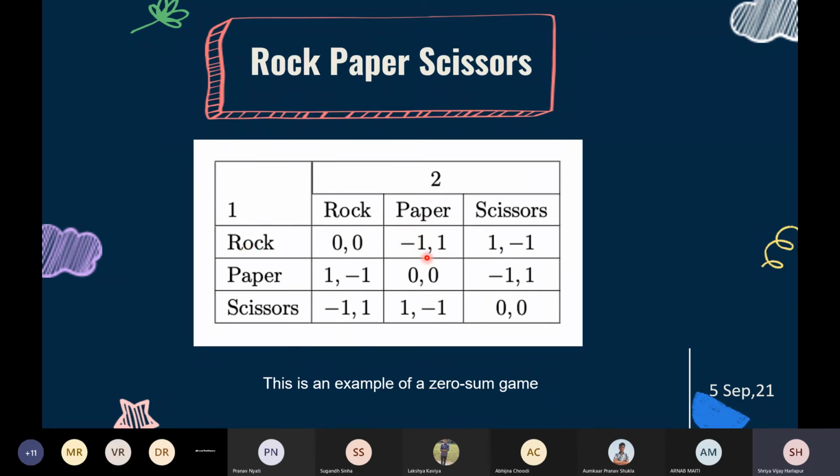I get -1 docked off my points or whatever, and you get +1 points. You can look at it that way. And if I play rock and you play scissors, now rock defeats scissors, so I get +1 points and you lose 1 point, right? So that's how this payoff matrix is constructed. Was that the question?